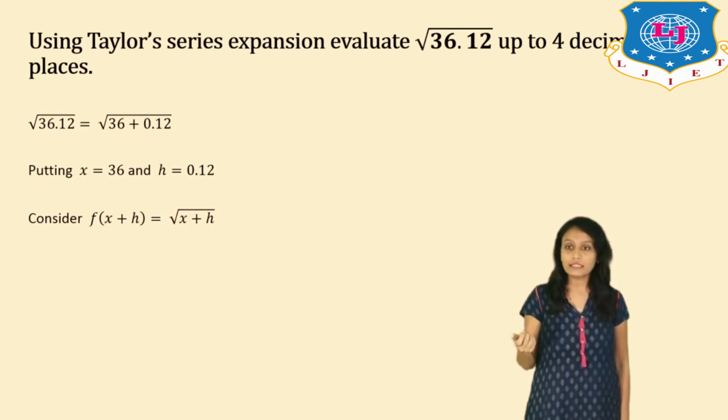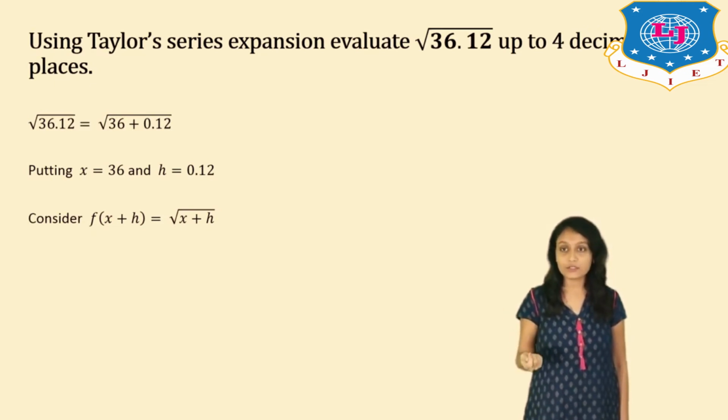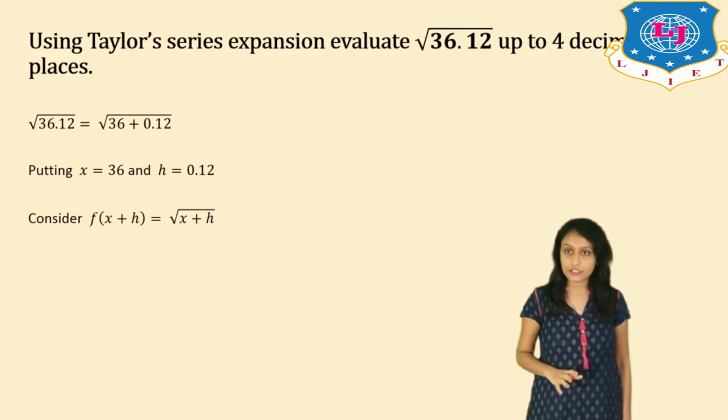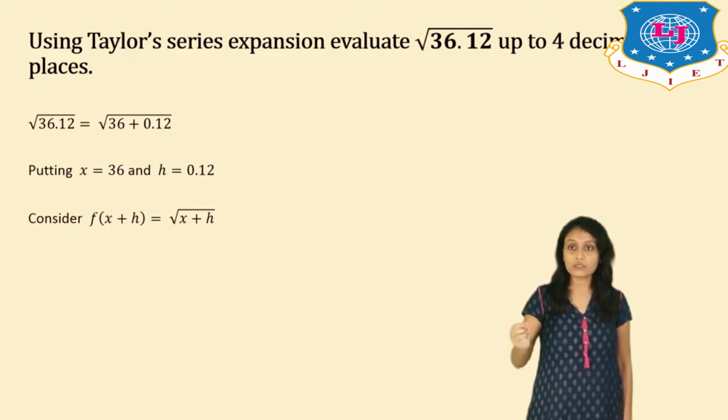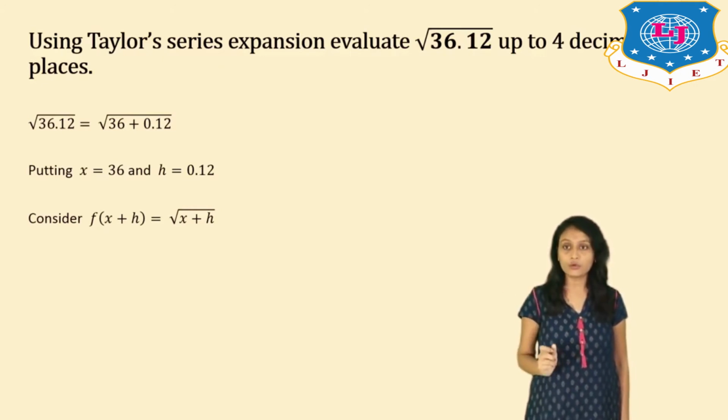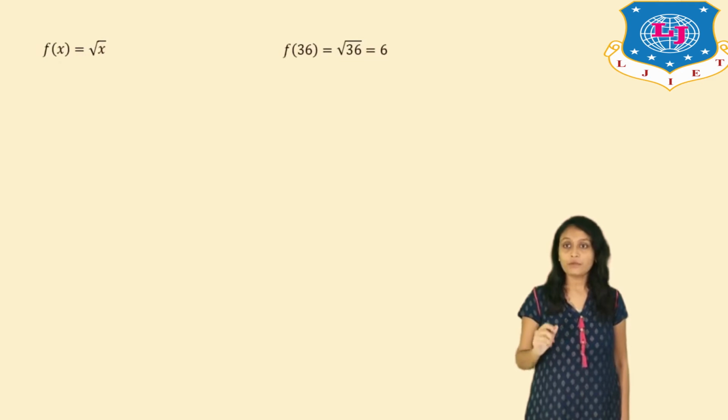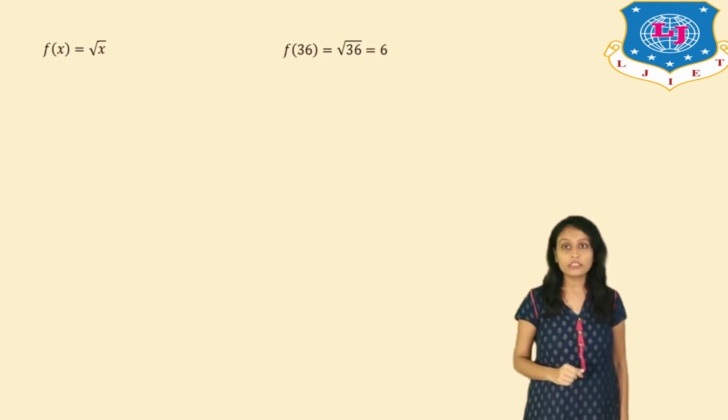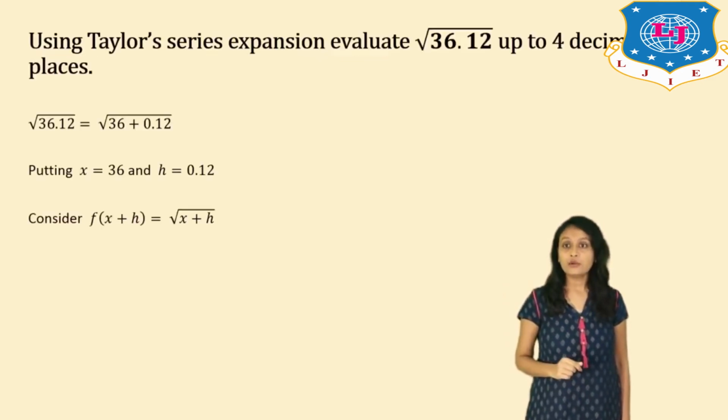So now we'll consider the function f of x plus h as under root x plus h. In place of 36 we have written x, and in place of 0.12, h. So f of x plus h will be under root x plus h. Now from this we get f of x equal to under root x, and you can see the value of x is 36 and h is 0.12.